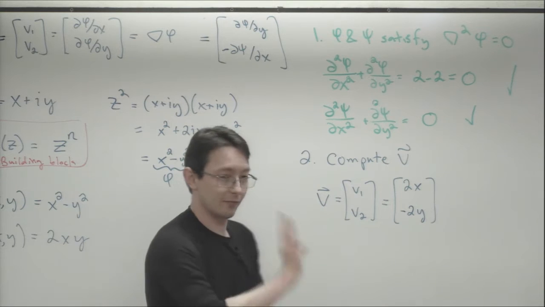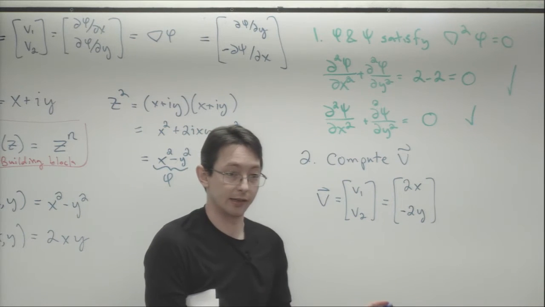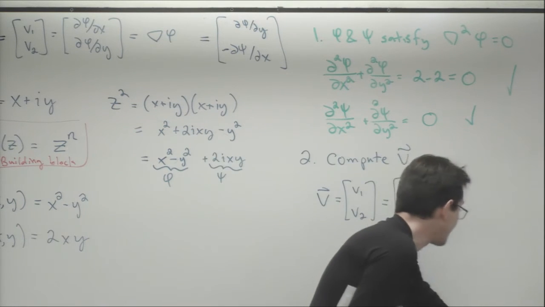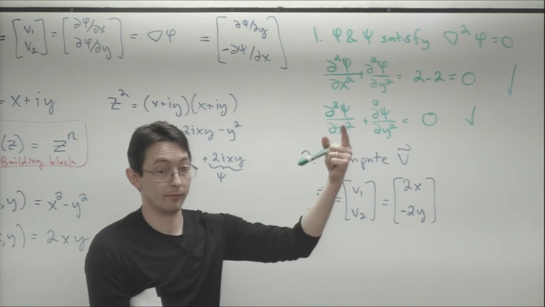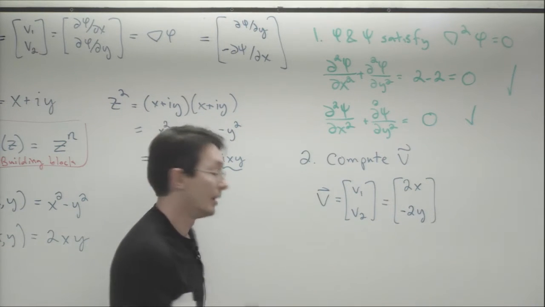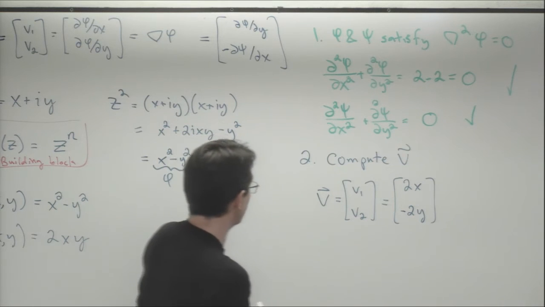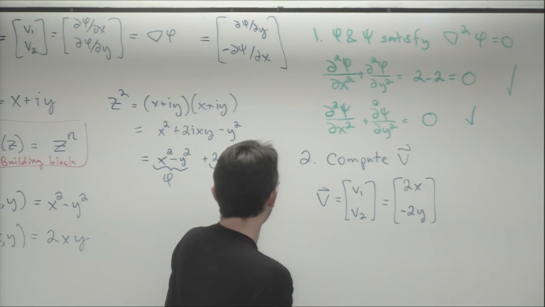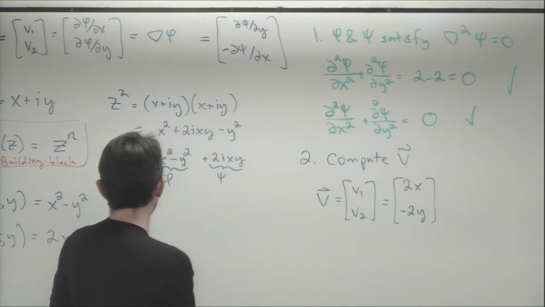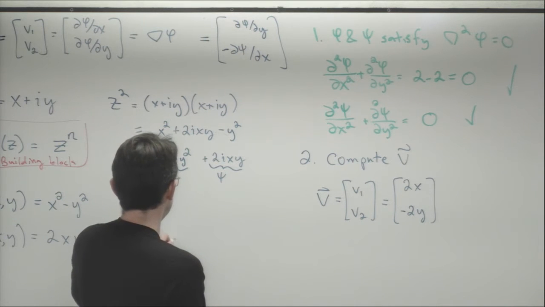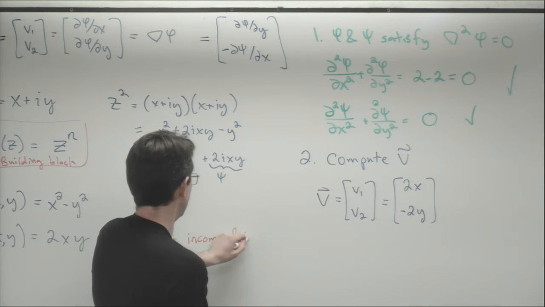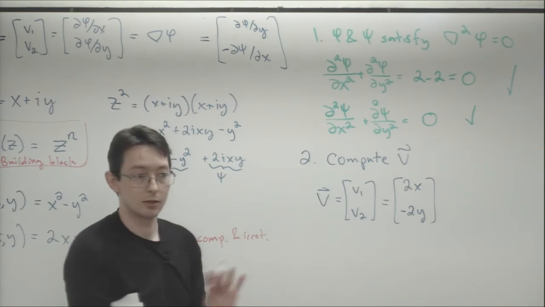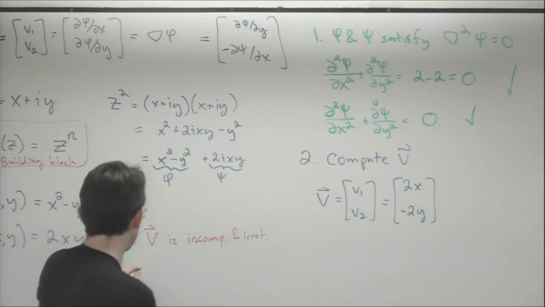So soon we're actually going to plot what this vector field looks like. But just for sanity's sake, because we haven't done this a single time yet, let's actually verify that this vector field is incompressible and irrotational. Because I told you it's going to be. Let's actually convince ourselves that this is true. So 3: V is incompressible and irrotational. Let's do incompressible first.